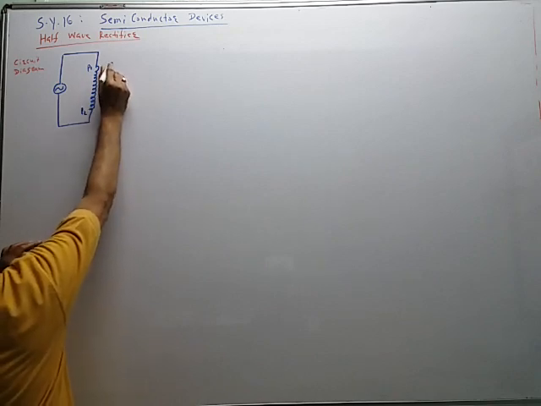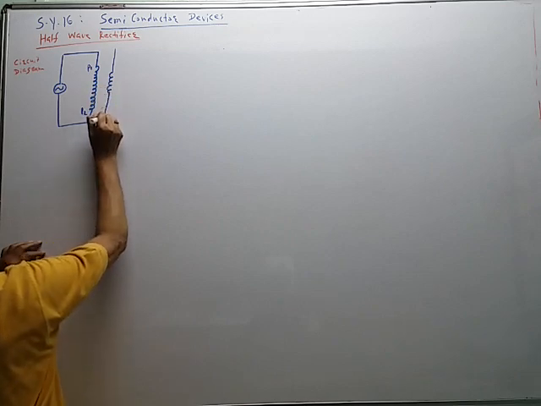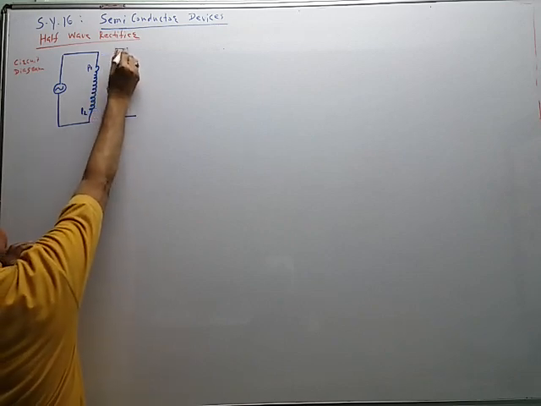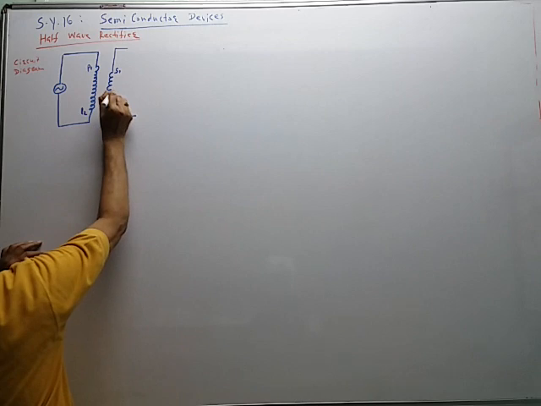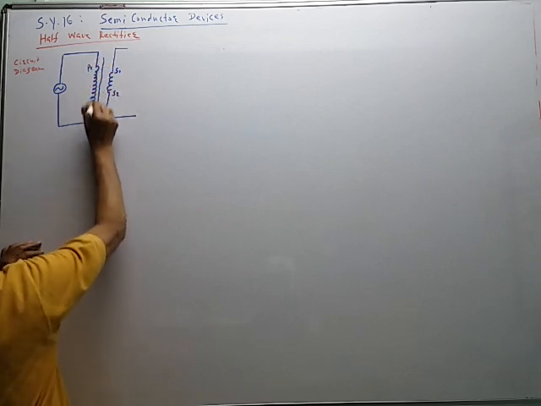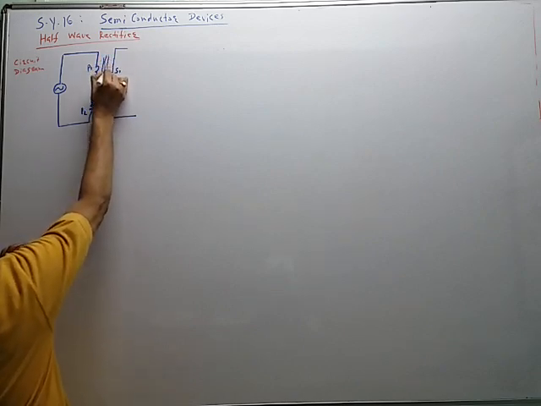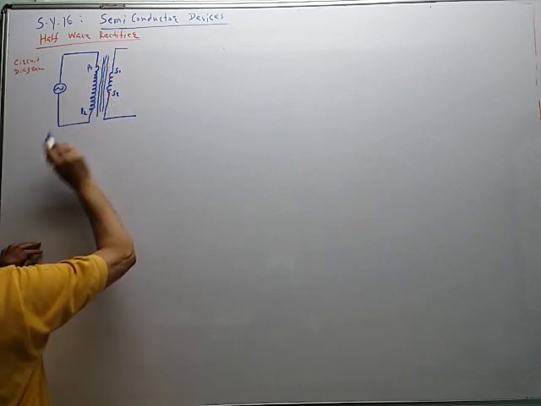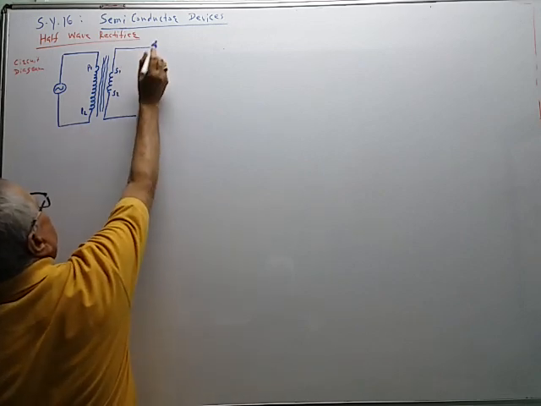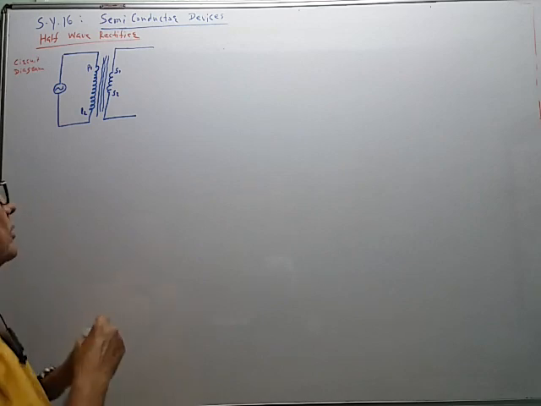Then this is a secondary coil, S1, S2. This is the core of the transformer. Two or three lines are shown like this. So this is a laminated core like this. Now here a diode is used. D for diode.